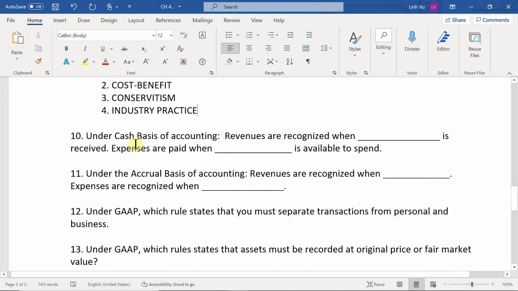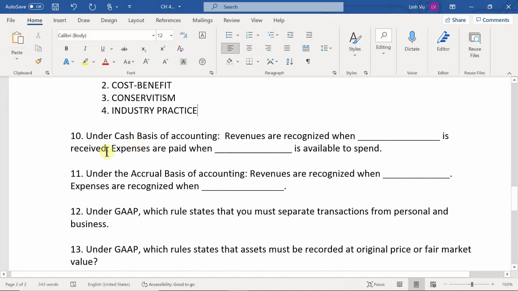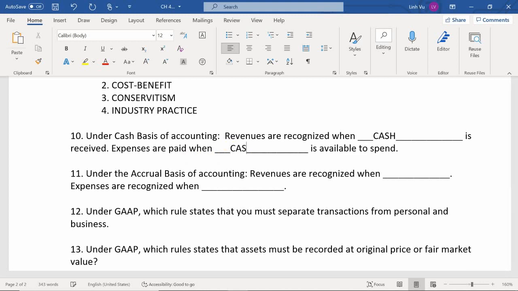Number 10 says, under the cash basis of accounting, revenues are recognized when blank is received. Cash. And expenses are paid when cash is available to spend. Good.